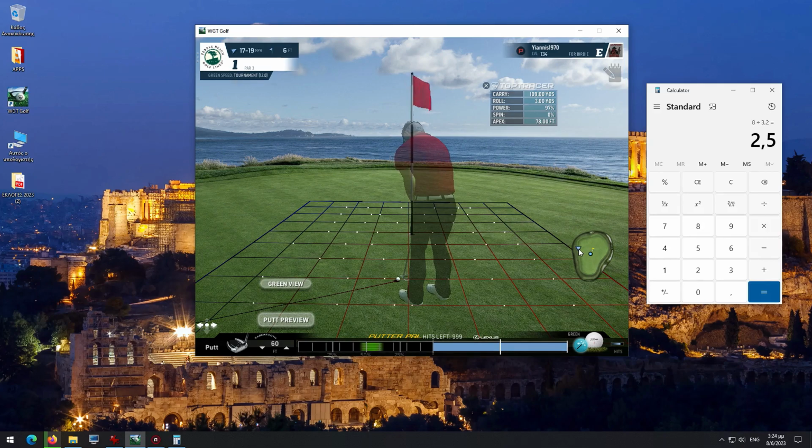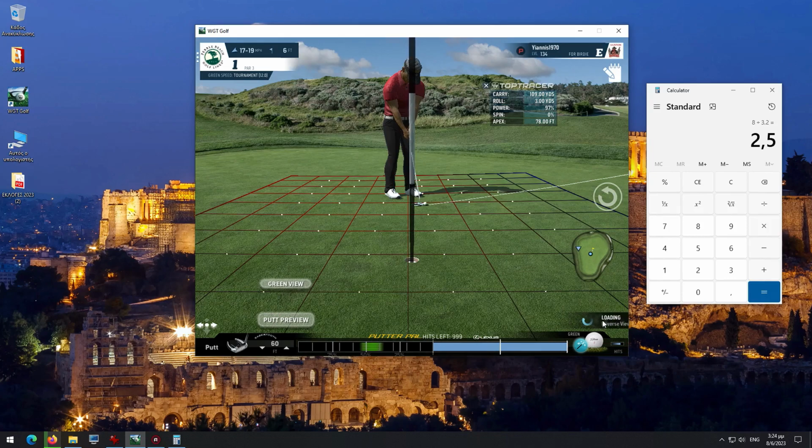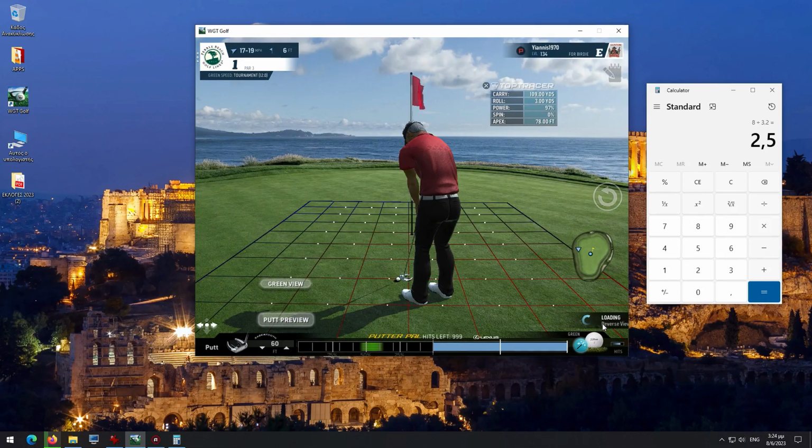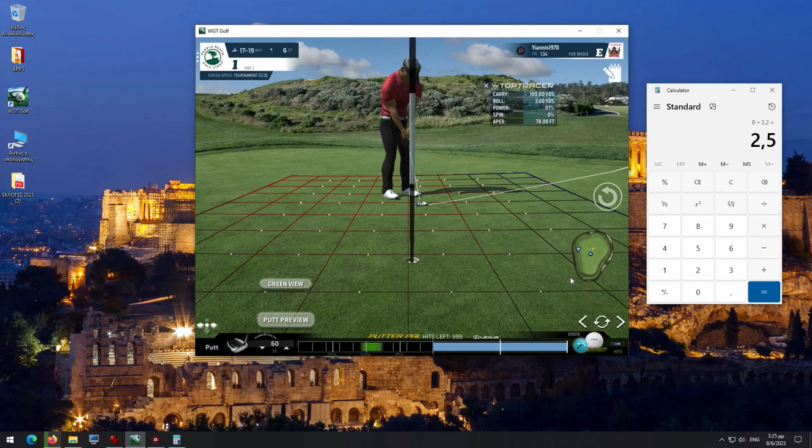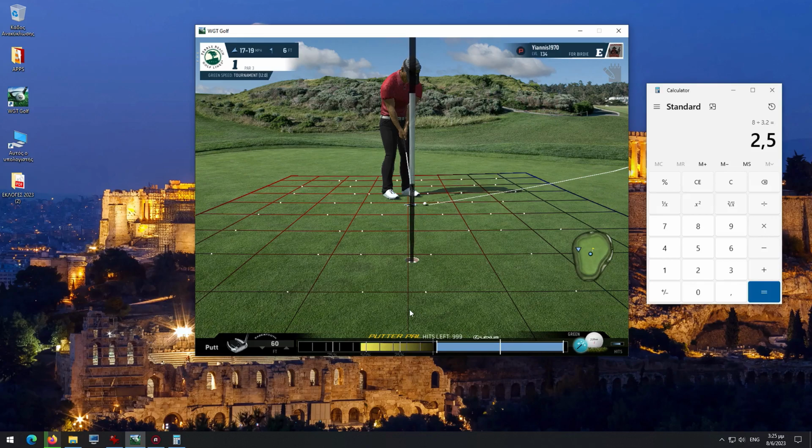We can use the little map and put the ball at pin high. The thing is that I don't know how much to play for this distance. Fortunately, we do have the putt pal indicator, so I can give a nice number at about 33 or something, and let's see where this ball ends up.